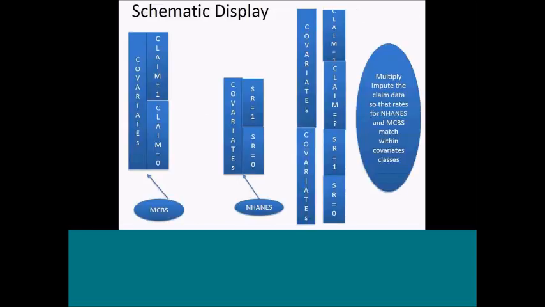So the way I think we are dealing with this is that we have MCBS data that have a bunch of covariates, and you have a claim-based definition of the dummy variables. This is a schematic display of one disease, one of the dummy variables. So you have a covariate, and you have a claim as a 1, 0 variable that you get from the MCBS. And in NHANES, we have the same bunch of covariates that are common between MCBS and NHANES, and then you have a self-report variable, 1 or 0.